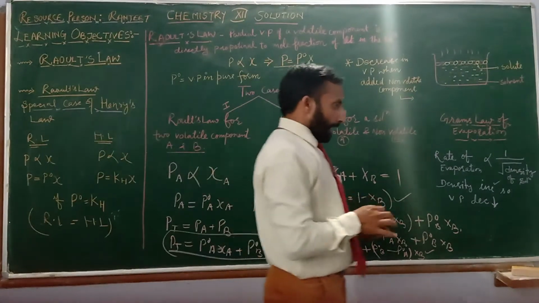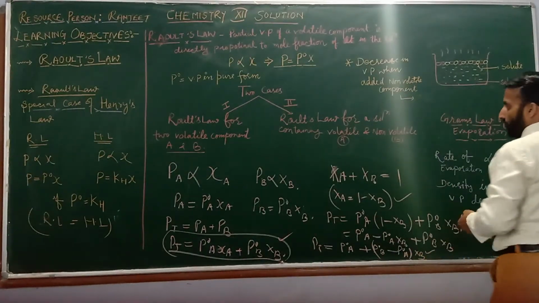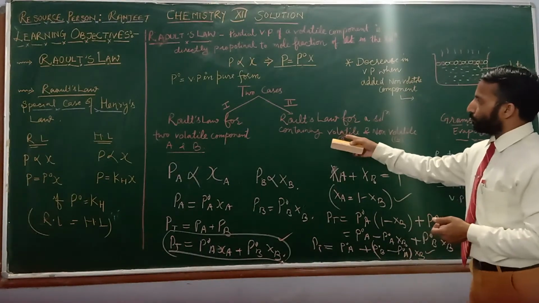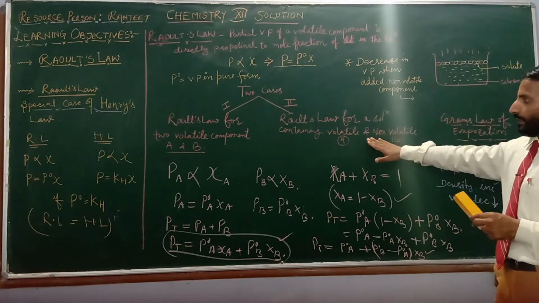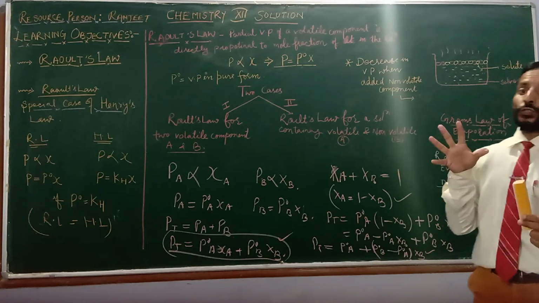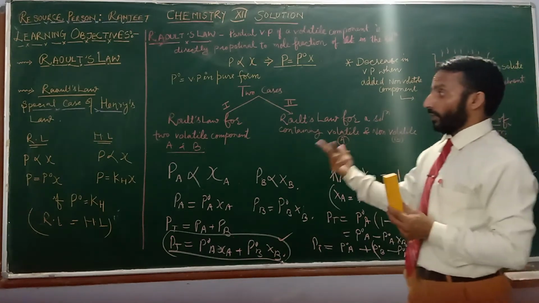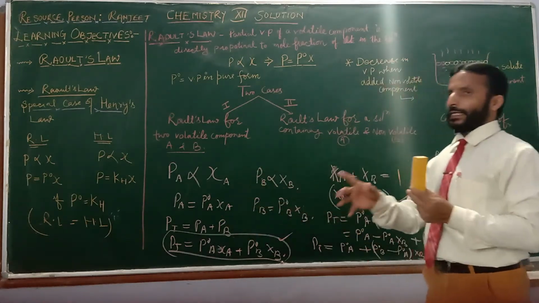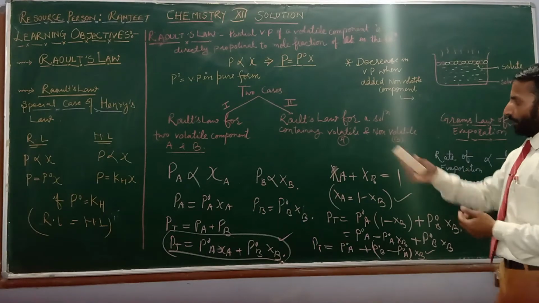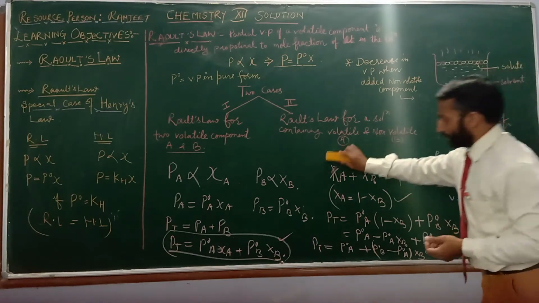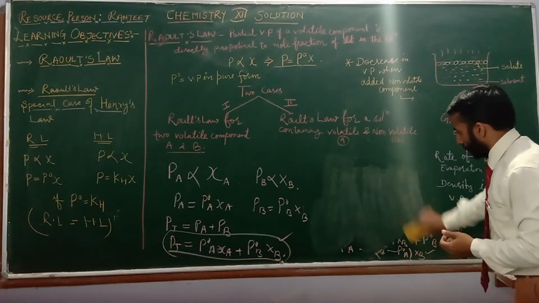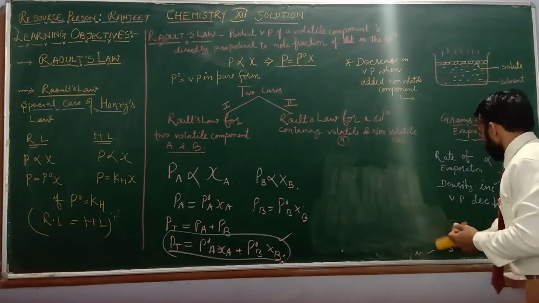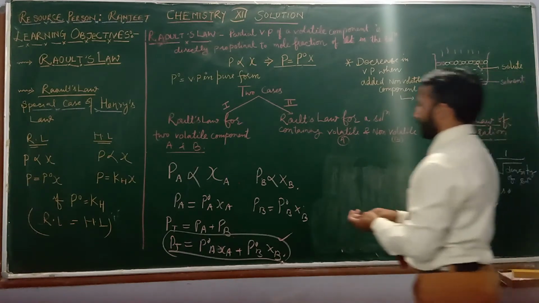Right? And next case, when one of the components is non-volatile. For both being volatile, it is the addition of both components' vapor pressure. So here in this case, the expression will calculate differently.